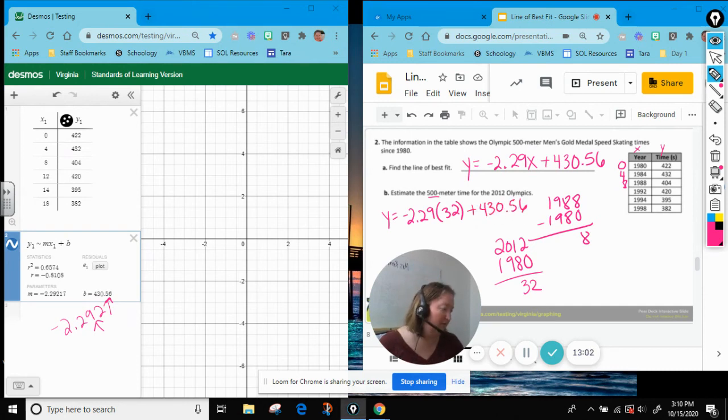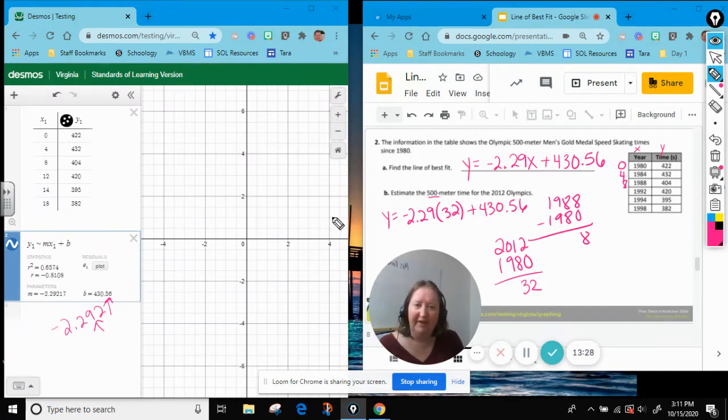Then in your calculator, I have my handheld, but you could certainly do it on Desmos. Then we are going to type in negative 2.29 times 32, hit enter, and then I'm going to add 430.56 to that.